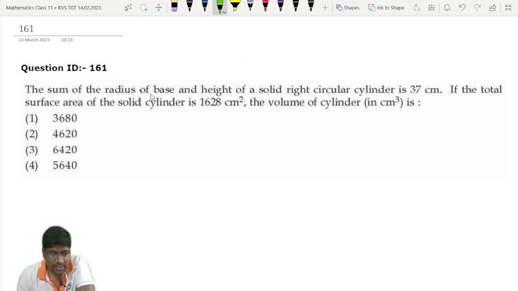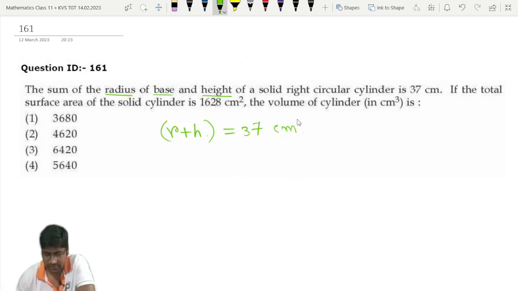The sum of the radius of base and height of a solid right circular cylinder is 37 centimeter. So let me say radius of base is r and height is h. So r plus h is given, that is equal to 37.